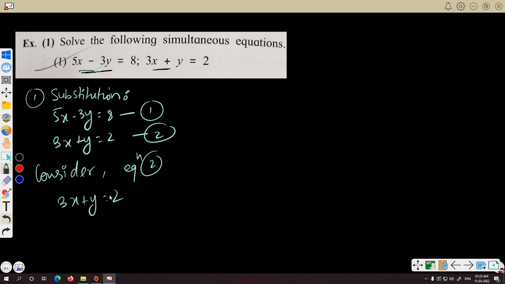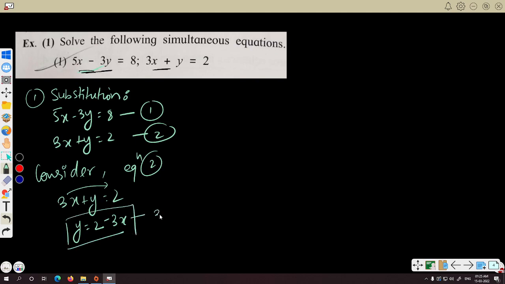Now from this equation, can I find the value of x? If I modify this equation, so I can say, अगर मैं 3x को shift कर दूँ on the right hand side, तो y is equal to 2 minus 3x. ये मुझे y का value मिल गया.